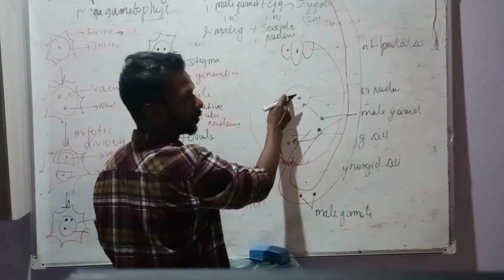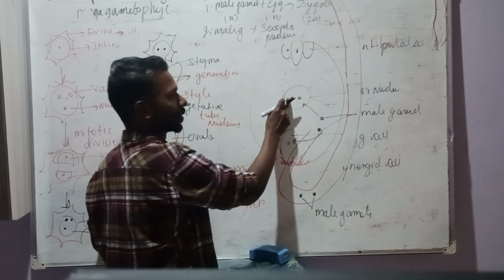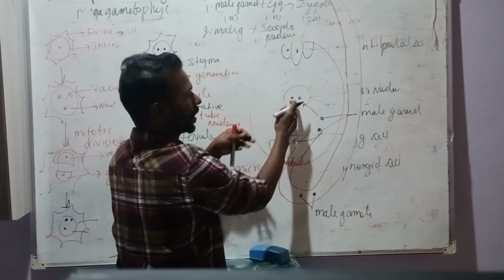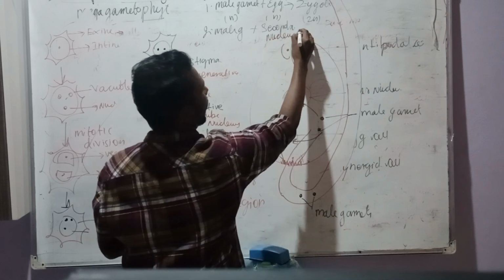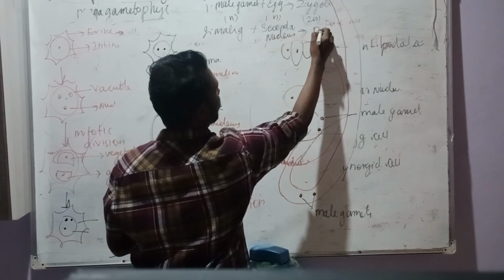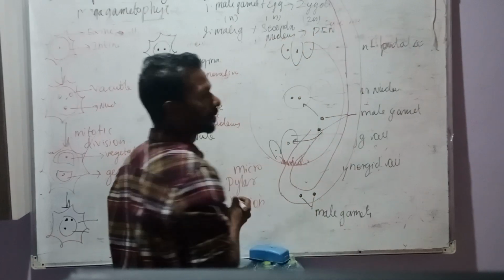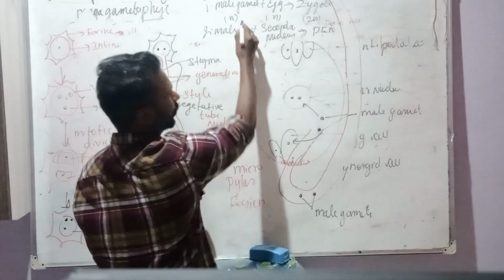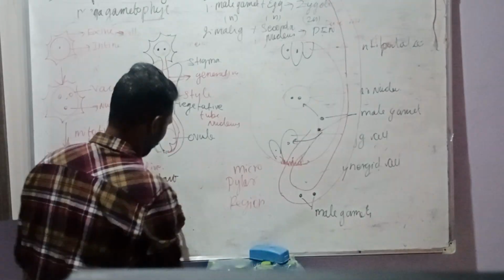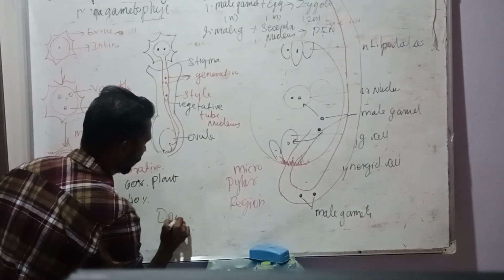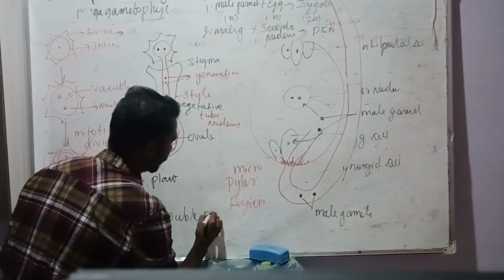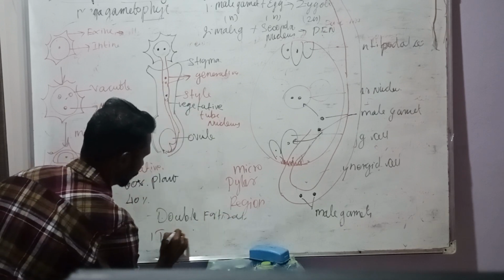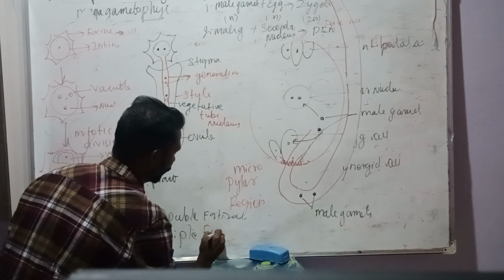The polar nuclei are called the secondary nucleus because these two nuclei have already fused together, and they form the PEN, the primary endosperm nucleus. Therefore there is double fertilization and triple fusion.